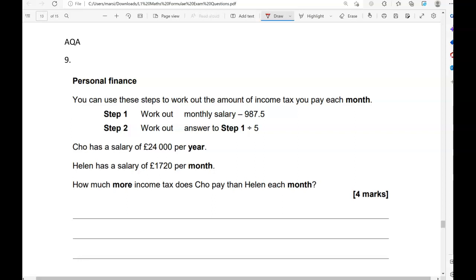So let's work it out for Joe first. 24,000 per year, but we need the monthly salary. So what we're going to do is 24,000 divided by 12 first.